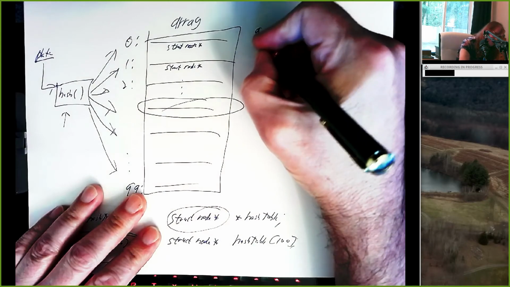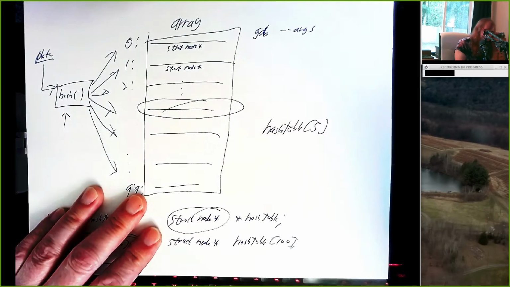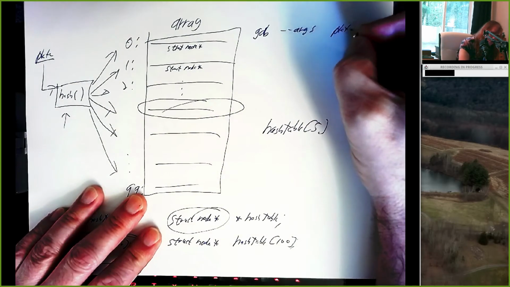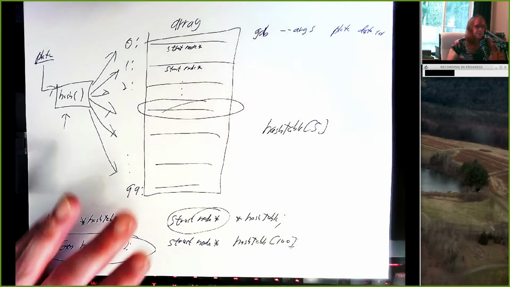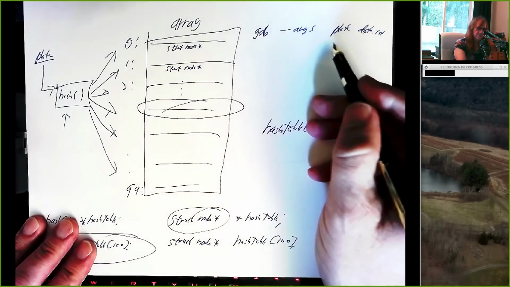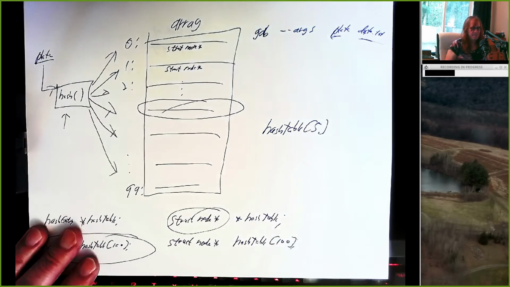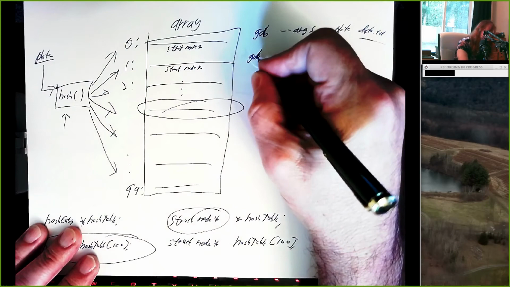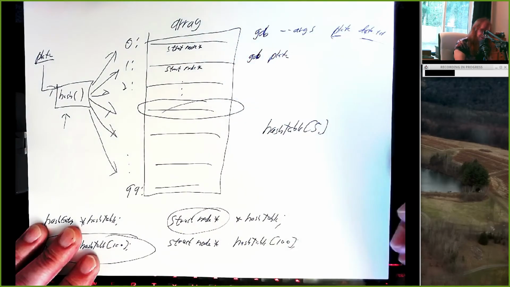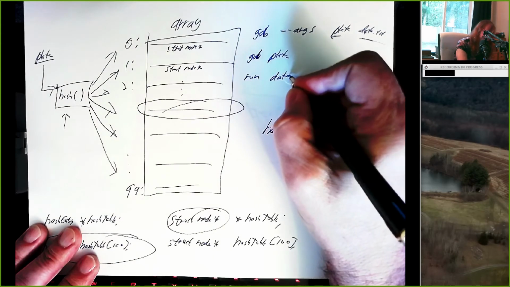When you run GDB, you can say GDB --args, and then put in plate data.txt, and that will run plate with this command line argument. Or you can do the usual GDB plate, and when you're inside, you can say run data.txt.